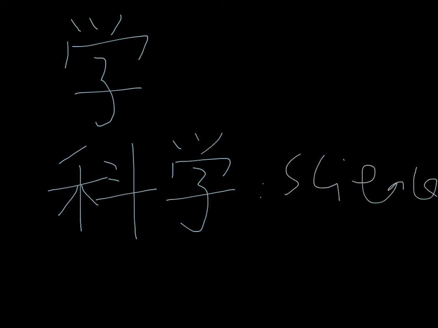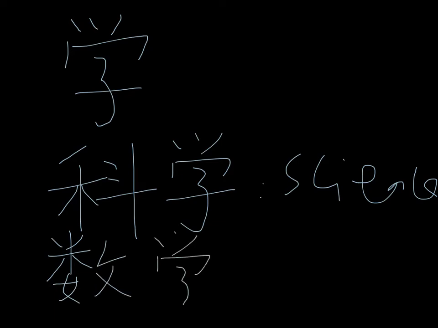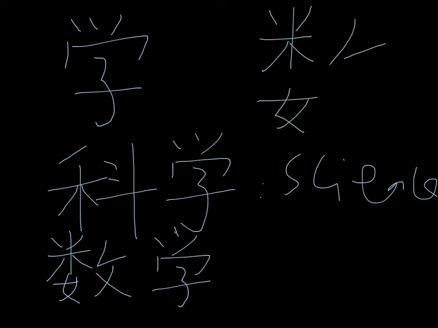And also there's another one, 数学, which means maths. So 数 on the top bit, that means rice. Bottom bit we learned this before, it's a woman, and on the right side, so that is 树.